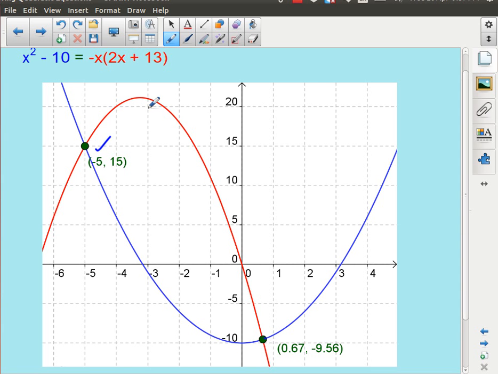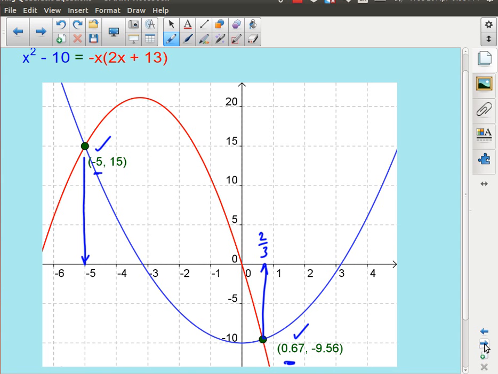That's one of the answers we got. One is positive 0.67, or positive 2/3. That's the other answer we got. And notice that the answers we got were the x values, so down here at -5, up here at 2/3. If we want those y values, we have to sub these x values into either equation in order to find that.